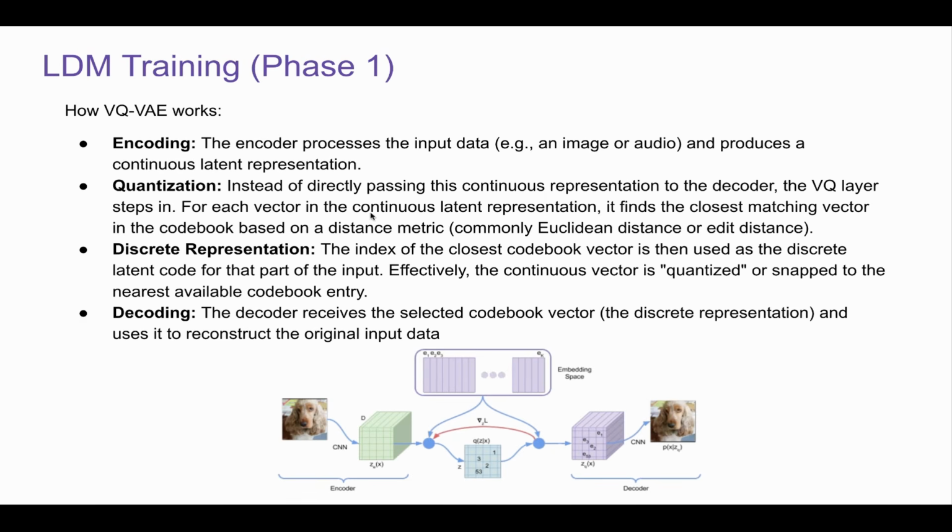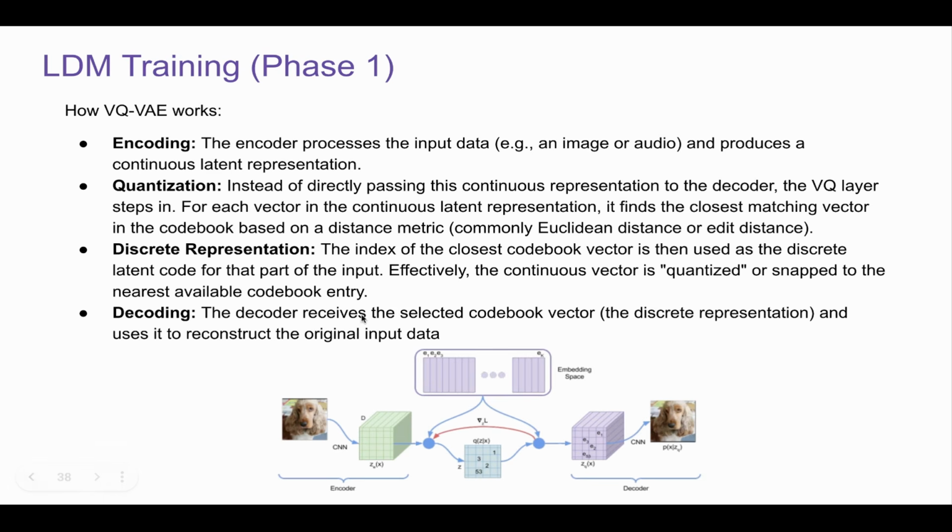For each vector in the continuous latent representation, it finds the closest matching vector in the codebook, like a dictionary, based on a distance metric. Usually you can use edit distance. Now you have a discrete representation instead of the original continuous representation. The index of the closest codebook vector is then used for that part of the input. Effectively, the continuous vector is quantized to the nearest available codebook entry.